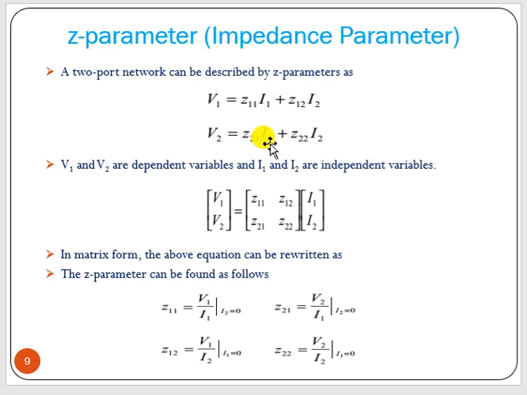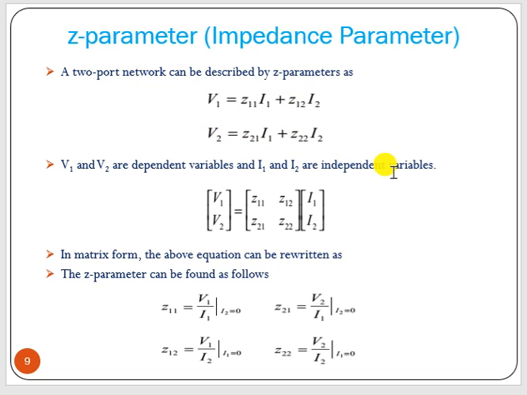For V2 it is I1 Z21 plus I2 Z22. You can remember the subscripts like that: for the first term the subscript is 1 1, for the second it is 1 2, then 2 1, and 2 2.